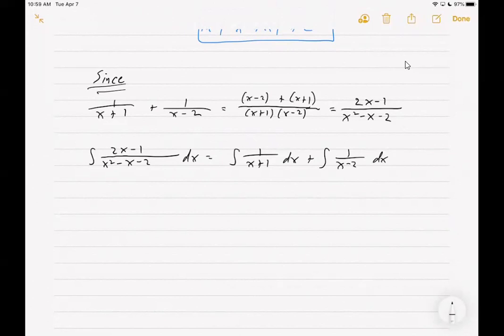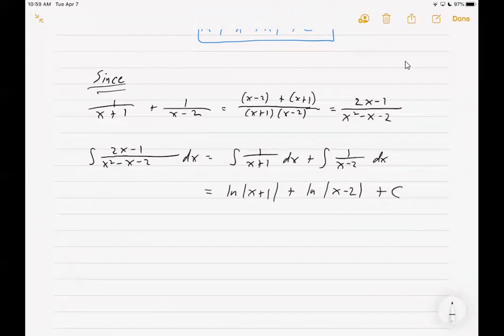And from what we had just seen in the previous video, I think we saw the first one already. This will simply be ln of the absolute value of x plus 1 plus the natural log of the absolute value of x minus 2 plus a constant.